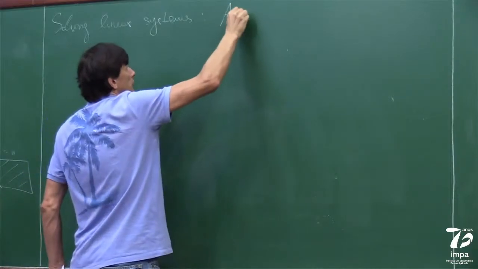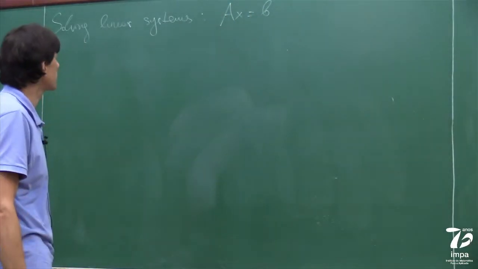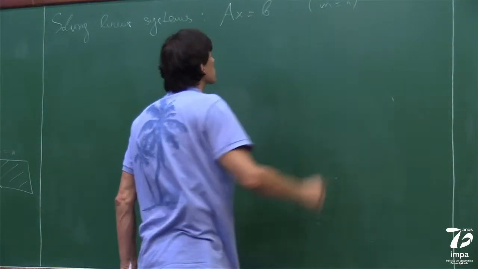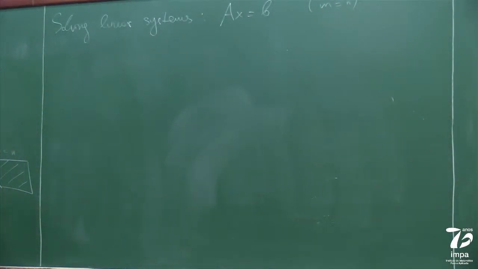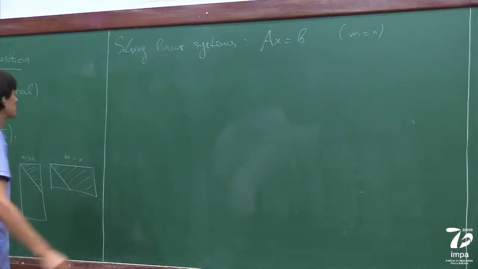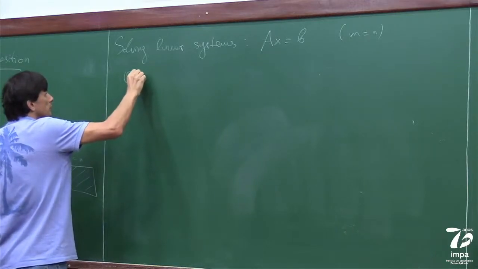In the standard way, let's take m equal n, the same number of equations as unknowns. With solving, you just substitute that A is QR.